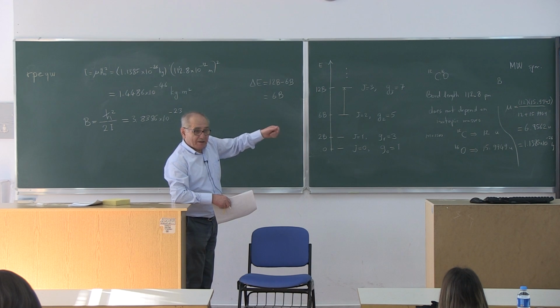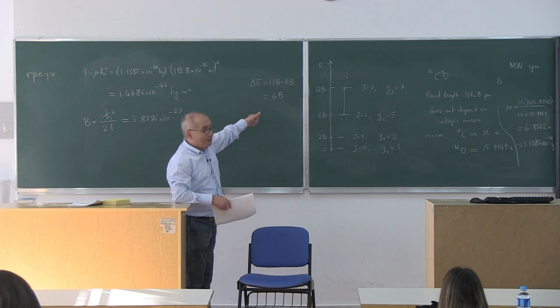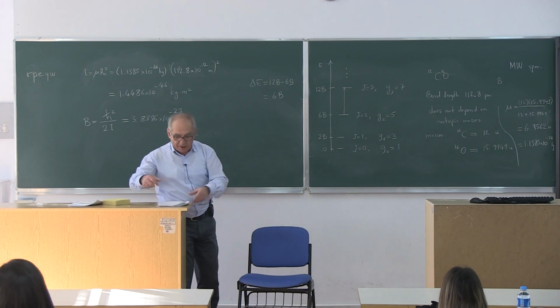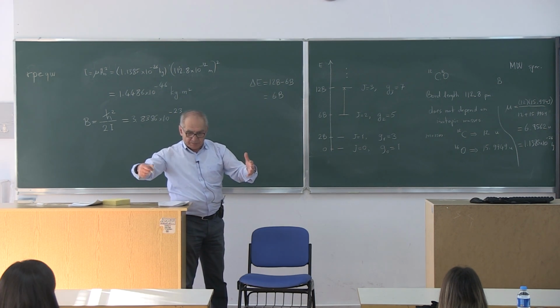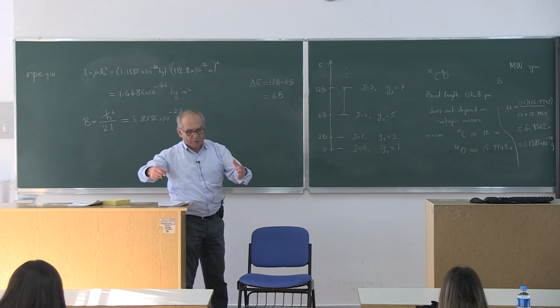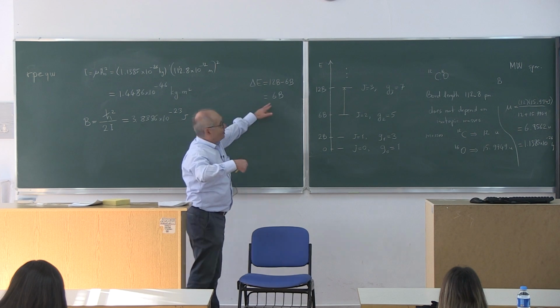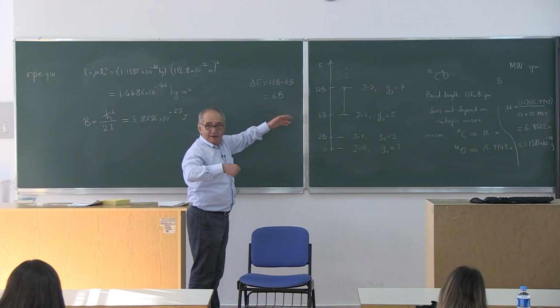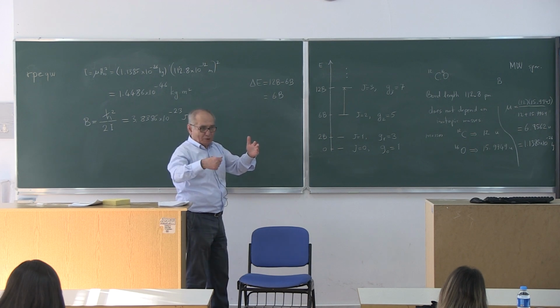Now, where is the source of this energy? It is the light source. So we have a light source, microwave radiation. It contains microwave photons. If the energy of a photon that we are using is exactly this number, then that photon is going to be absorbed.